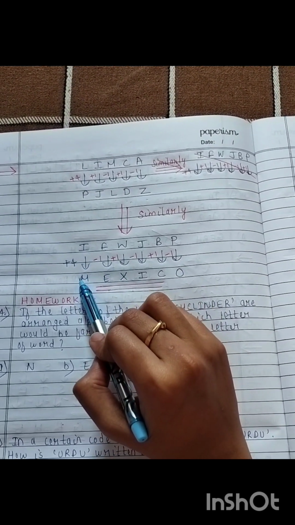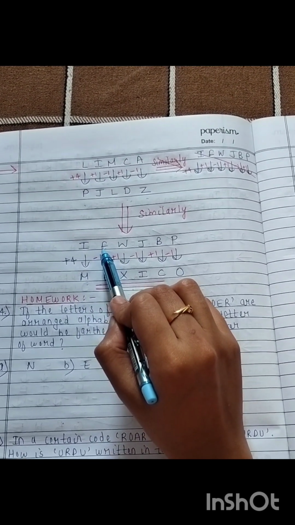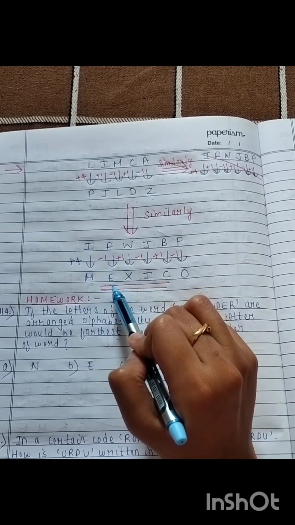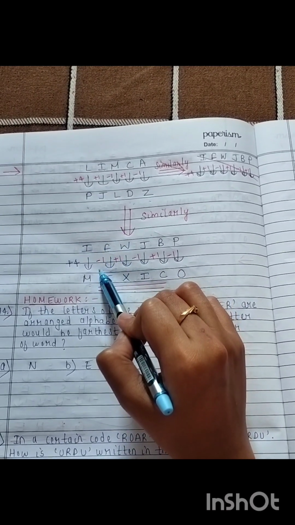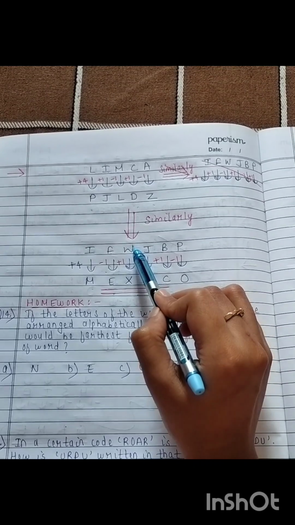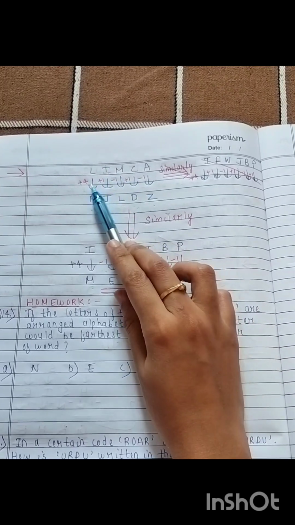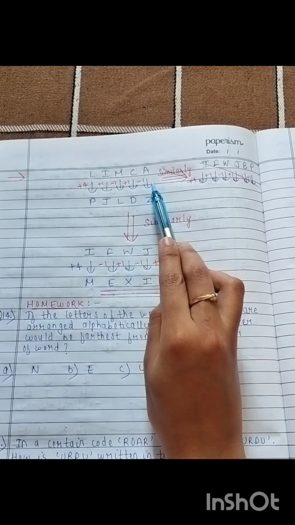Here also plus 4 will give you M. But if you do F plus 1, it will not give you E. Correct? So F minus 1 you have to do. F minus 1 will give you E. Then W plus 1 will give you X.